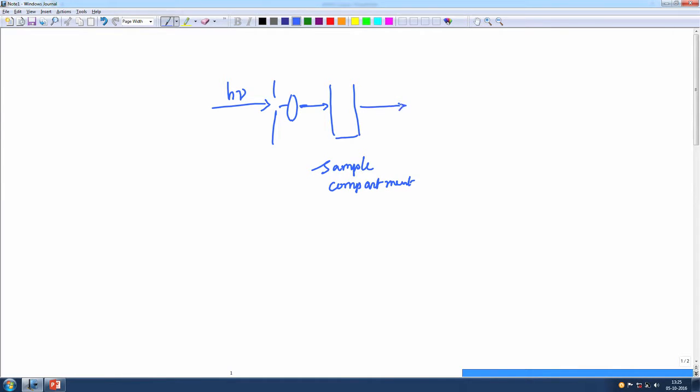And then I have the detector. So, this is the basic schematic diagram of a spectrophotometer. So, if I am measuring the radiation in the same direction, that is along this direction, then it is known as turbidimetry.